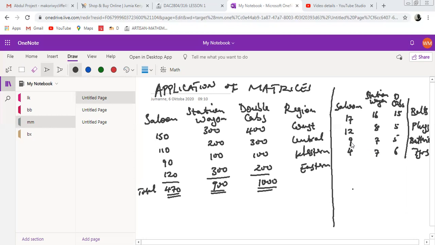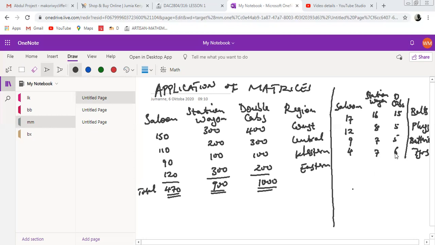On the next item, the saloon needs 9, 7 for station wagon, and the double cabin needs 5. And then we have the tires, where the saloon cars need 4, the station wagon needs 7, and the double cabin needs 6.